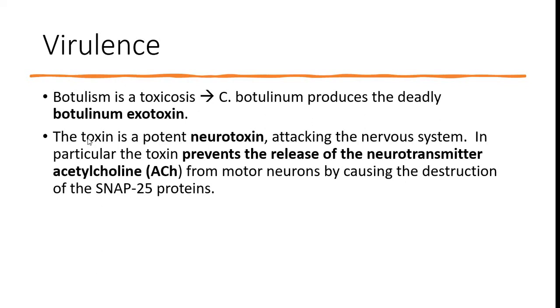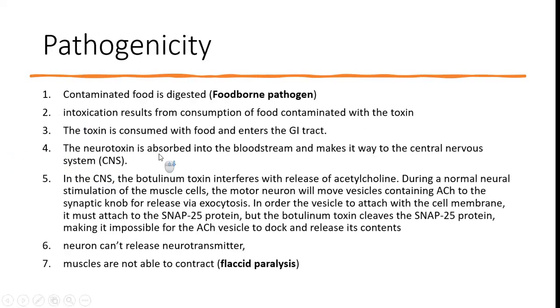In particular, it's going to prevent the nervous cells from releasing the neurotransmitter acetylcholine. And you probably remember that acetylcholine is what then leads the muscles to contract. So it gets released from a neuron, and then acetylcholine will signal for muscles to contract. So if a muscle can't contract, then that means it's going to be in a flaccid state.